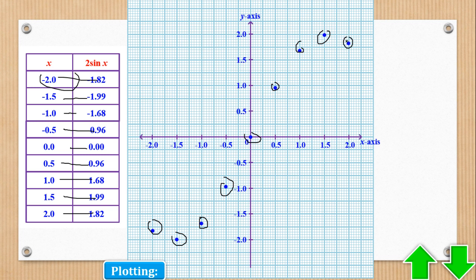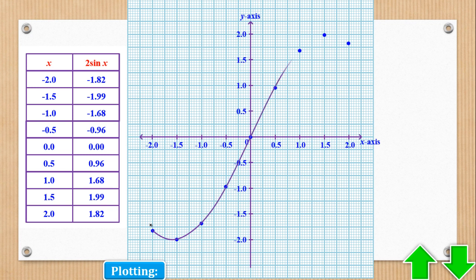So we need to draw a reasonably smooth curve through all the points. So let's do that. So from there to there, then also we proceed and complete. Then we have to label the curve.